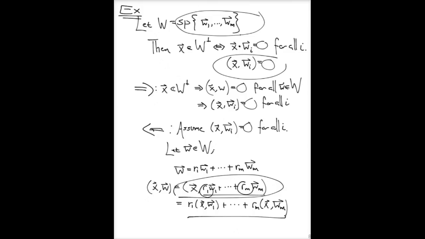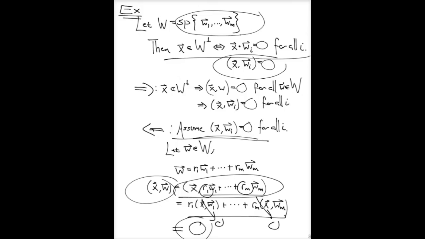And then we invoke our big assumption that x is orthogonal to all of the basis vectors. So all of these are 0, and therefore the entire sum is 0, and therefore x must be orthogonal to w since their inner product is 0. And that's the exercise. x is in the orthogonal complement of W if and only if x is perpendicular to all of the spanning vectors.